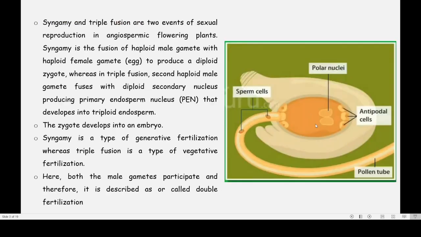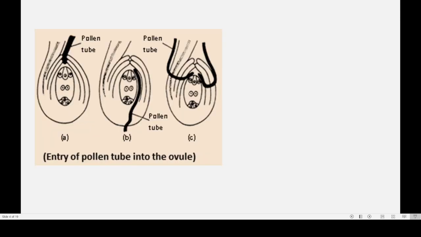Here also you can see this pollen tube is trying to reach the ovule through the micropylar end. One of the male gametes will be fusing with the egg cell, resulting in a zygote, and another one will fuse with the polar nuclei, forming the primary endosperm nucleus. Now I have told you that generally the pollen tube enters through the micropyle, but other possibilities are also there.